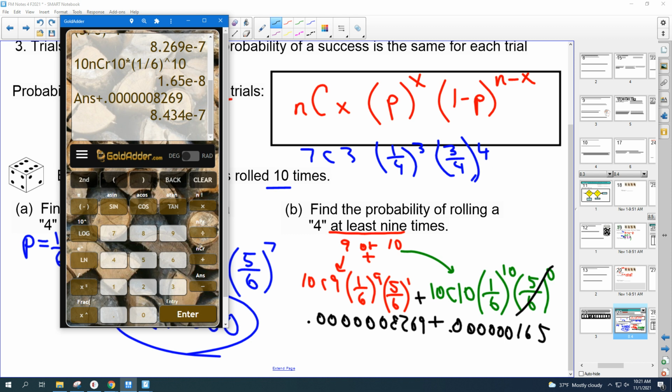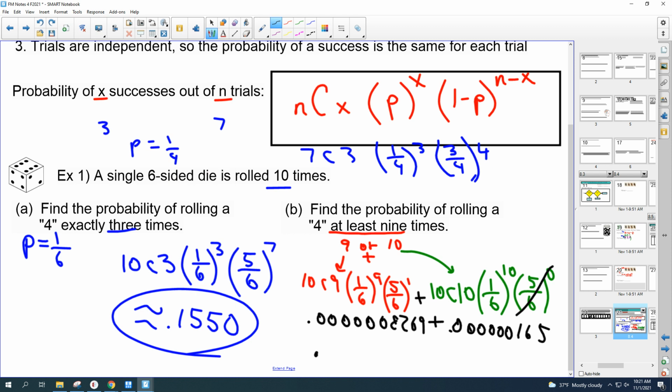Eight, 4, 3, 4. Or 8.4 times 10 to the negative 7th.